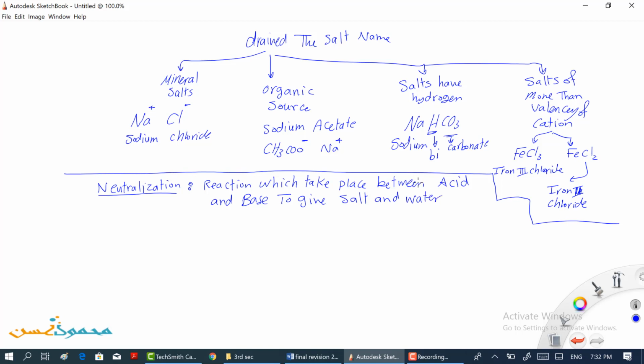To detect it, we do a process called neutralization or the titration process. We bring the burette. In the burette, we will put the acid, and in the conical flask, we'll put the base.